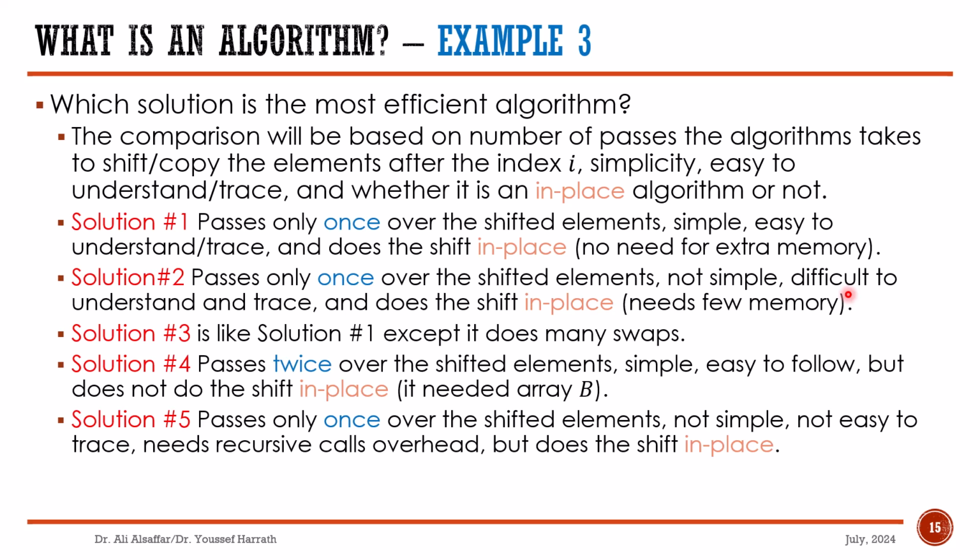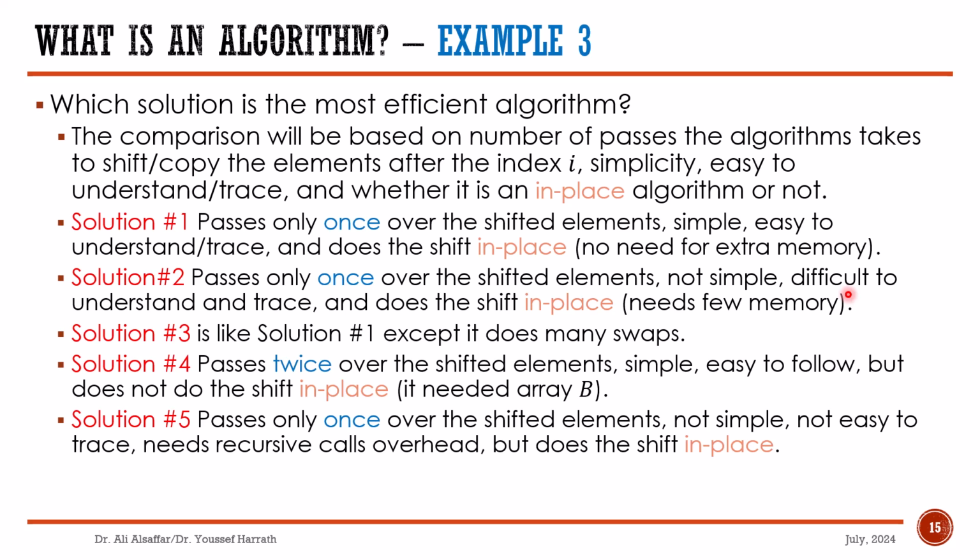Now for the final solution, the algorithm uses recursion that moves the new element to the end of the array and starting from there, swaps backward any two consecutive elements. The algorithm calls itself recursively, passes over the shifted elements only once. The algorithm is considered not simple because it deals with recursion and also not easy to trace.